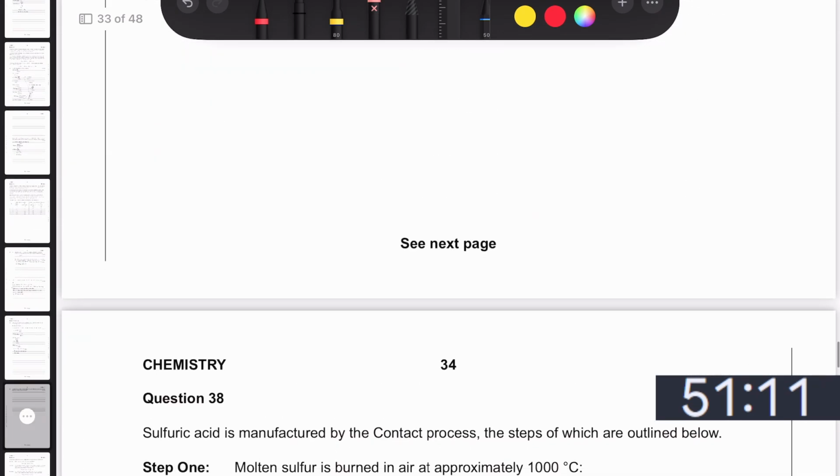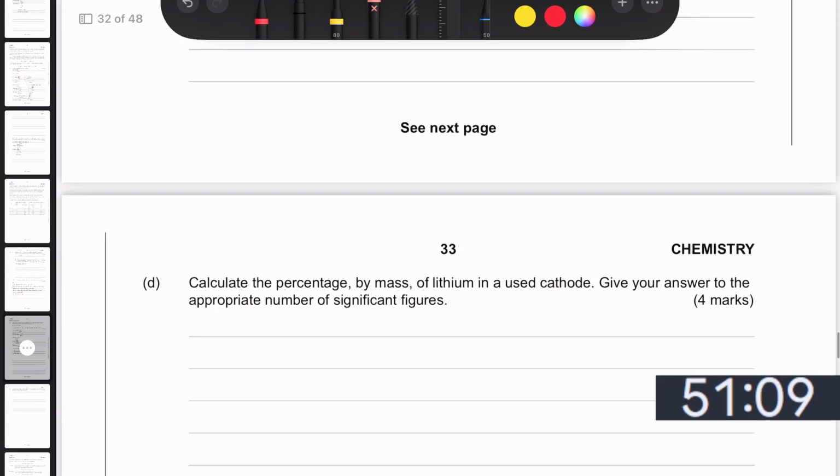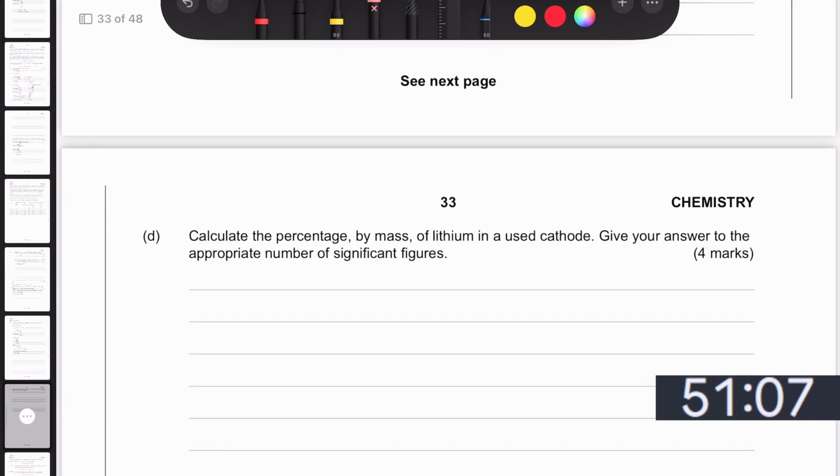Okay, page 30 here. Calculate the percentage by mass of lithium in a used cathode. Give your answer to the appropriate number of significant figures.